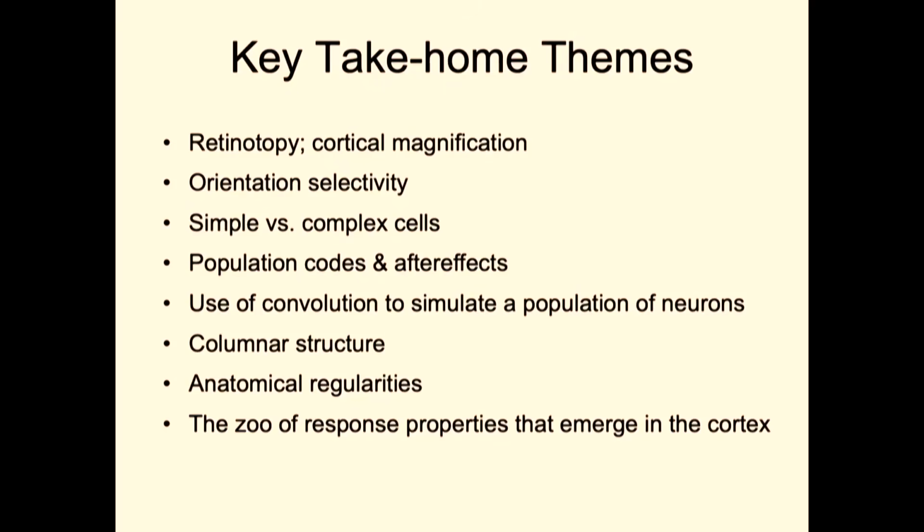These anatomical regularities, where the connections are very non-random. And then the zoo of response properties that emerge in the cortex, a whole bunch of stuff you see in primary visual cortex that's not evident or much less evident in the retina and the thalamus. So we talked about orientation selectivity, binocularity, direction selectivity, end stopping, stuff like that. Any questions on primary visual cortex?